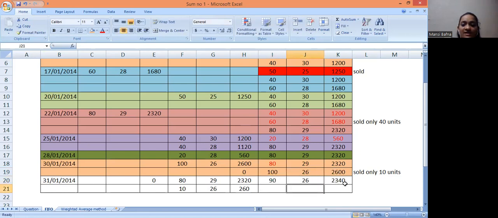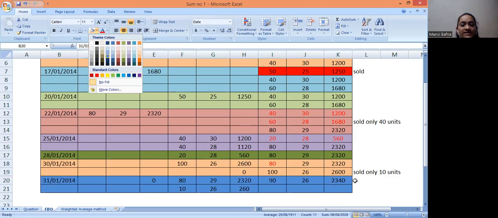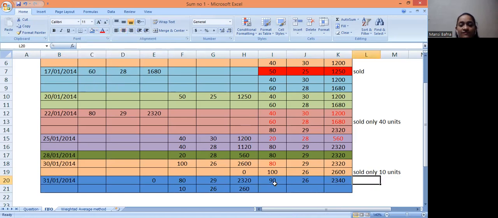So this will be your last transaction, and that will give you your closing stock at the end of the month. That is on 31st of January, you have a stock of 90 units costing rupees 26 each.